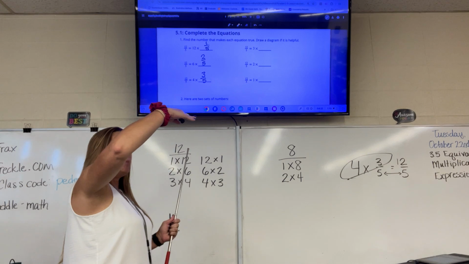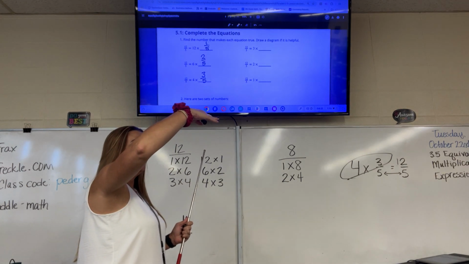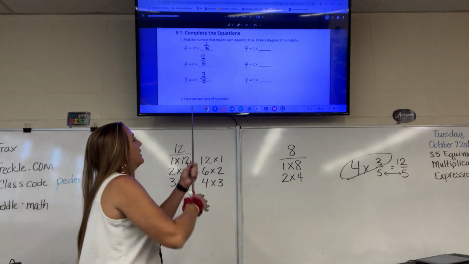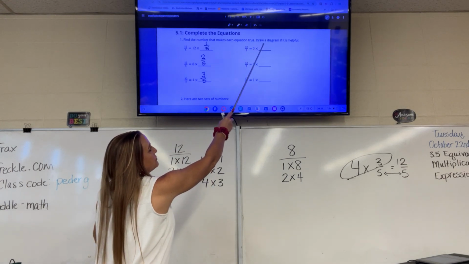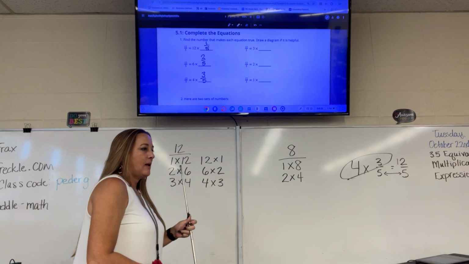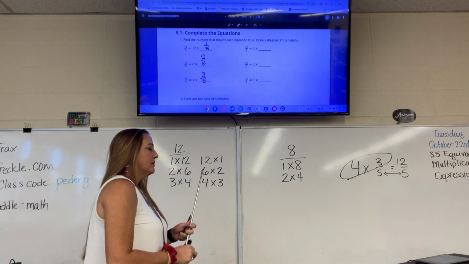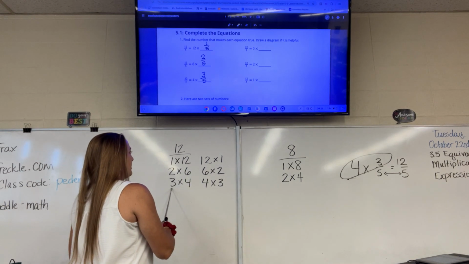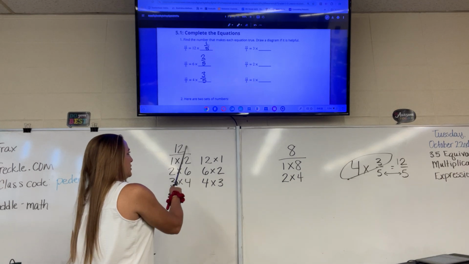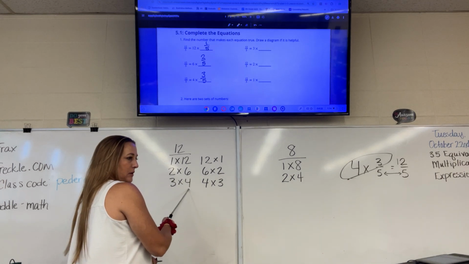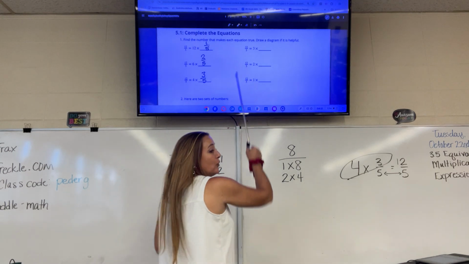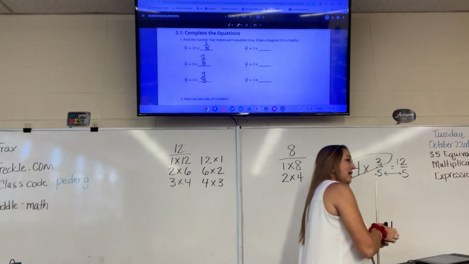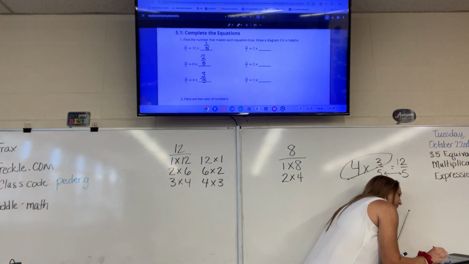So what goes on top? What'd you just say? 12. No, that's the answer. 12/5 equals 3 times what fraction? So you just told me what you multiply 3 times to get to 12 is 4, right? And your top number is going to be 4, so 4/5. You with me? Okay. 4/5.